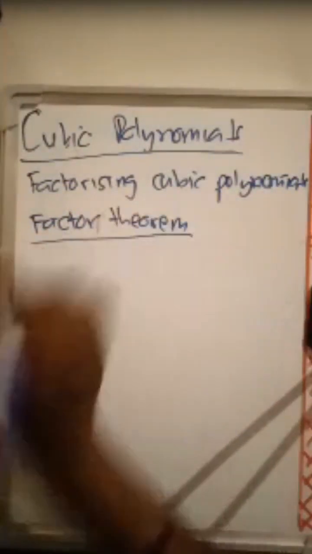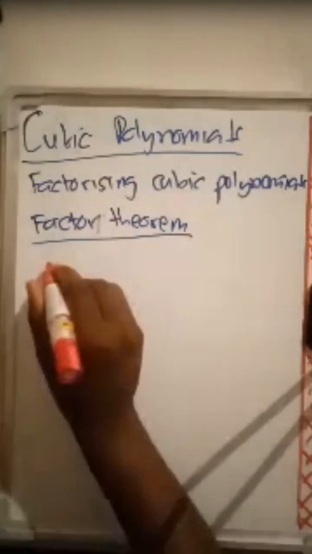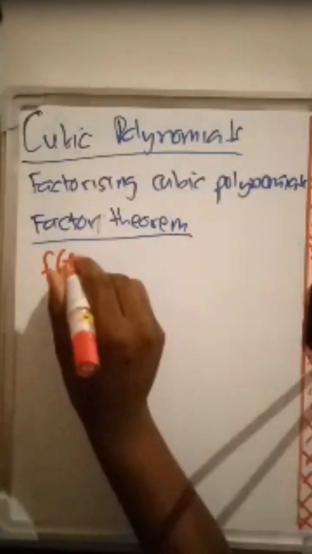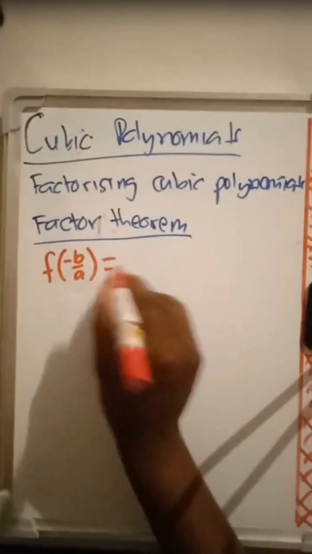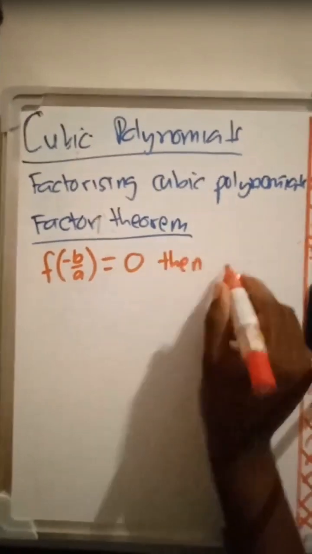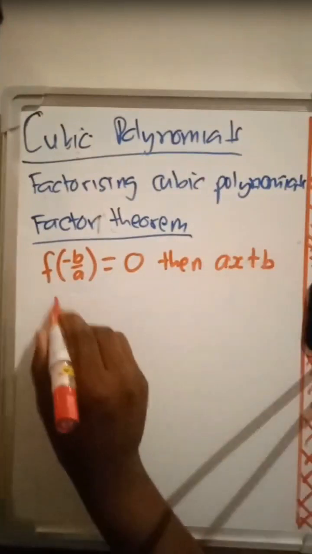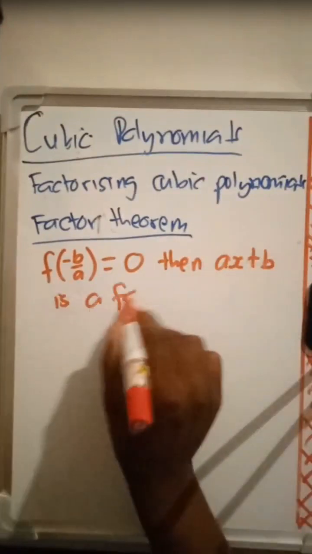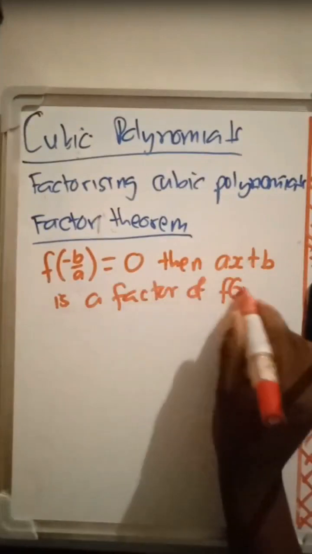Right, so for us to be able to factorize, we use the factor theorem. What does the factor theorem say? The factor theorem says if we are given f of x, then if f of negative b over a is equal to 0, then ax plus b is a factor of f of x.